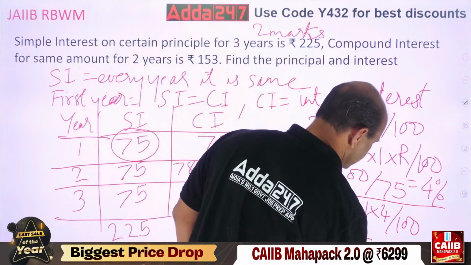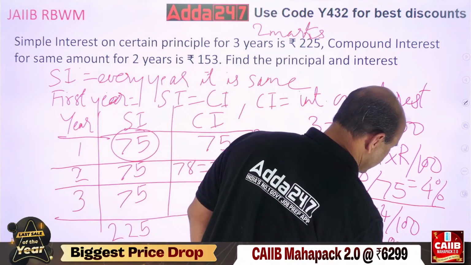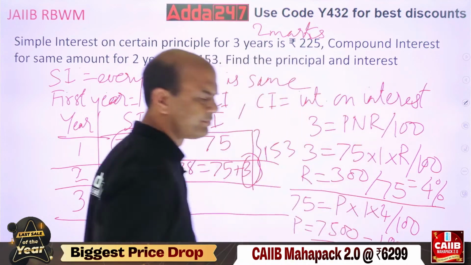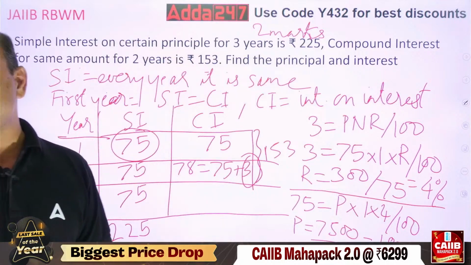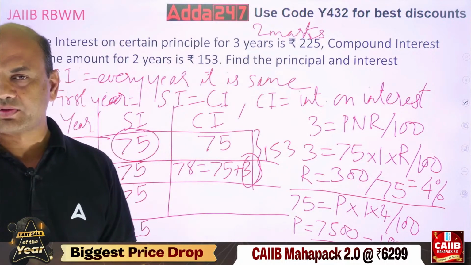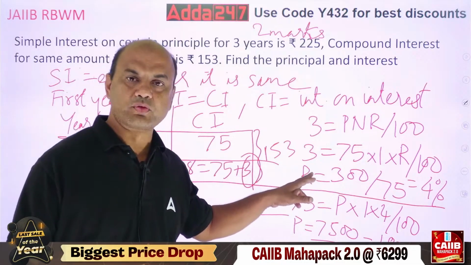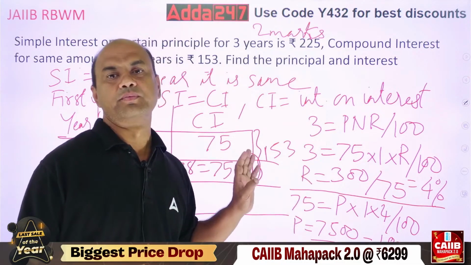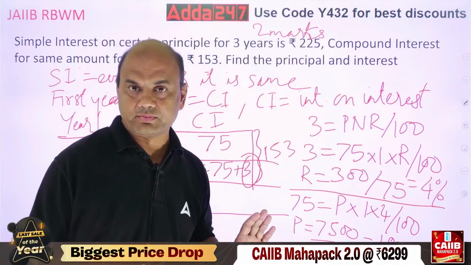So the principal is 1875. This is your principal. Got it everyone? R you got as 4%, P you got as 1875.